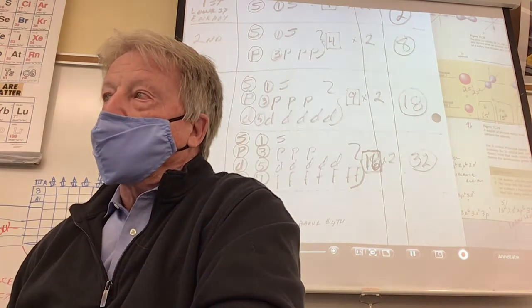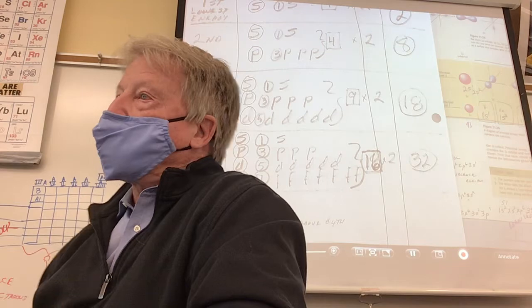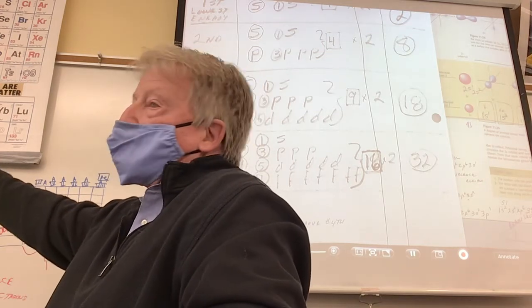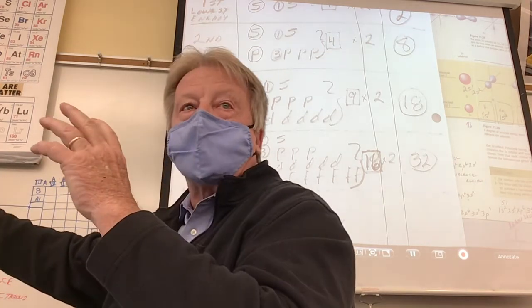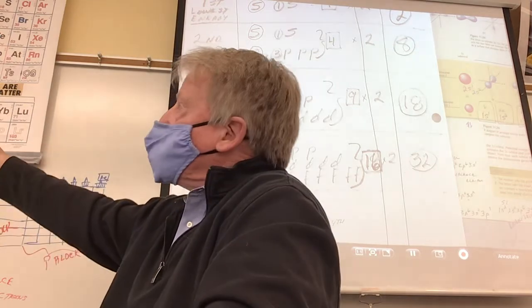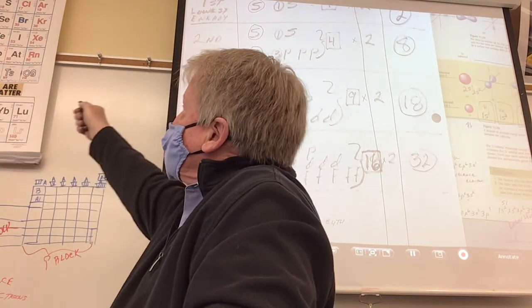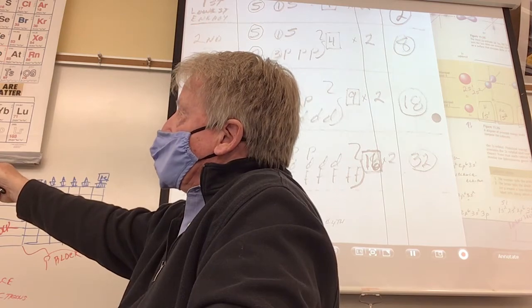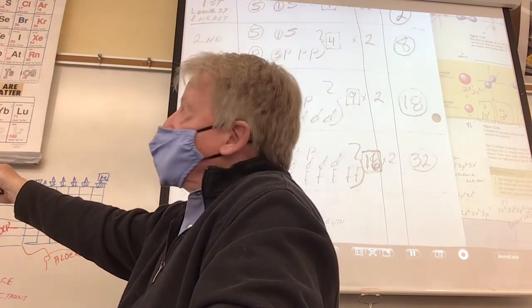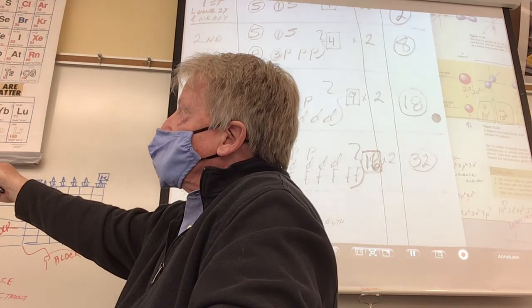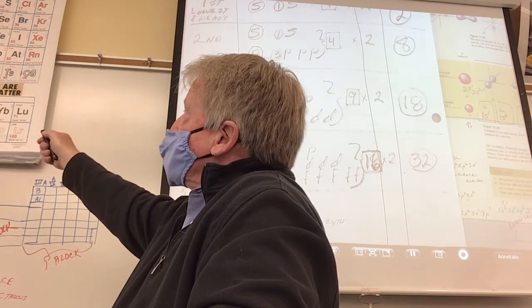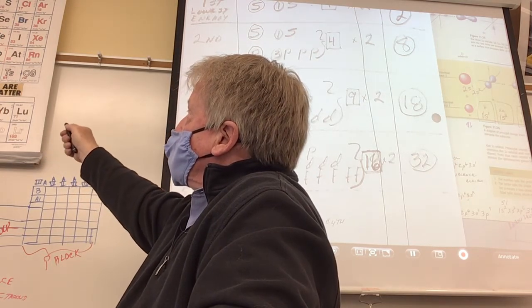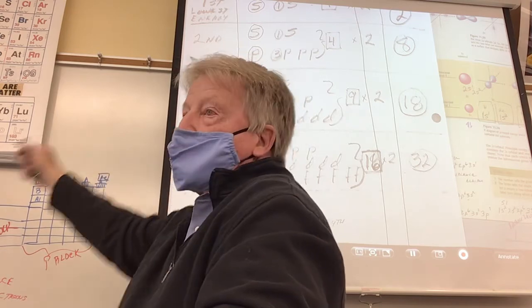So, ready? Here's the last thing. See how hard it is. I'm going to read the periodic table. Stay with me and read the periodic table. 1s1, 1s2. What's this one? Everybody. 2s1, 2s2, 2p1, 2, 3, 4, 5, 6.